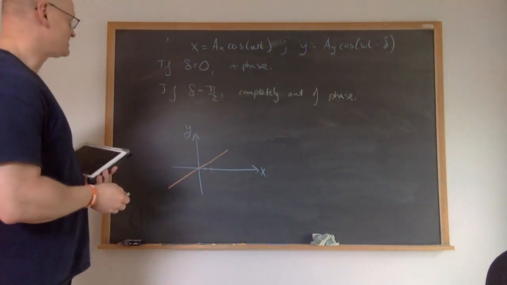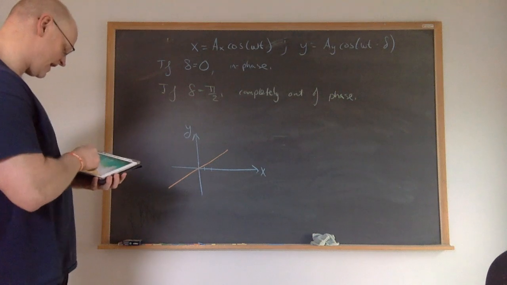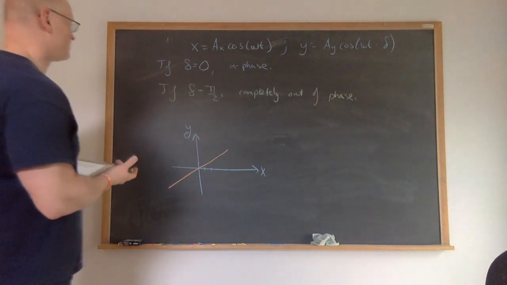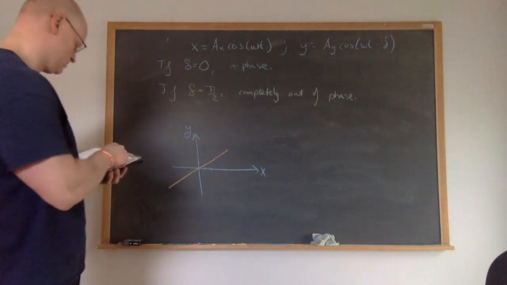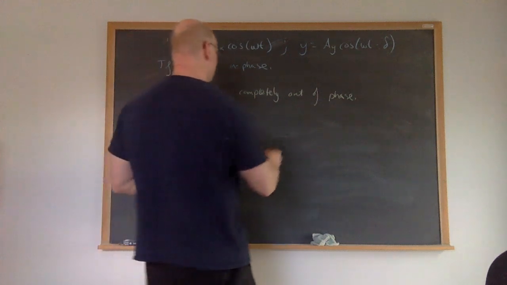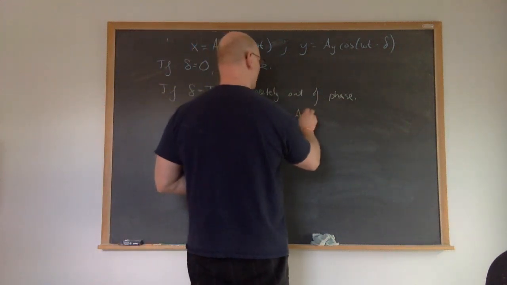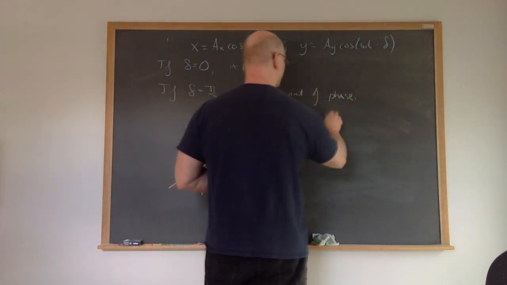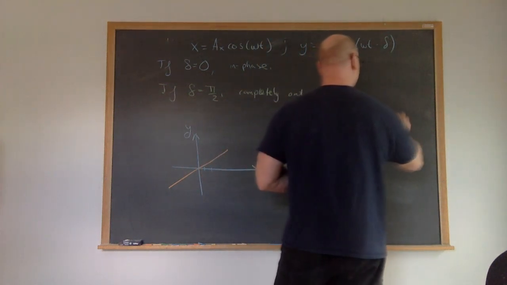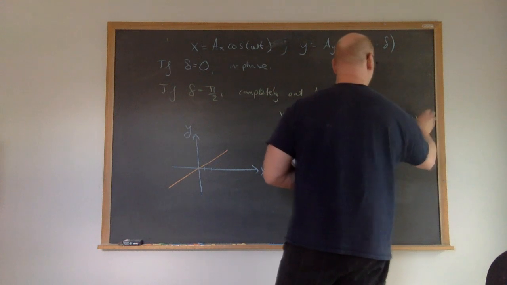So basically what happens in this case is how this thing oscillates is going to depend on, again, the ratio of these two amplitudes. But basically, I'm going to get x equal to Ax cosine of omega t, and then y is equal to Ay times sine of omega t.